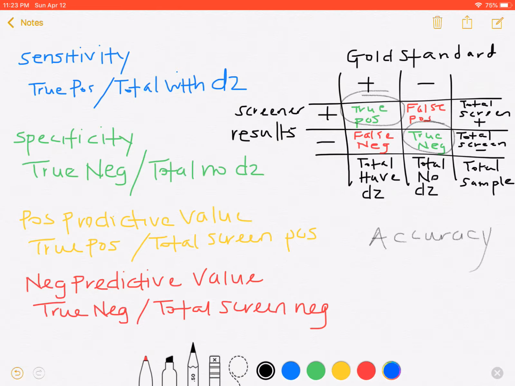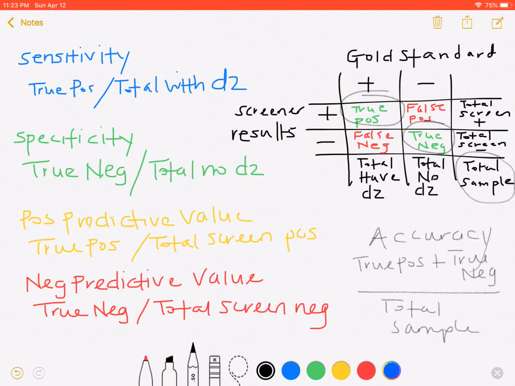So accuracy is true positive results plus true negative results divided by our total sample. What percentage of the time did we get it right overall? And that is the accuracy of our test.